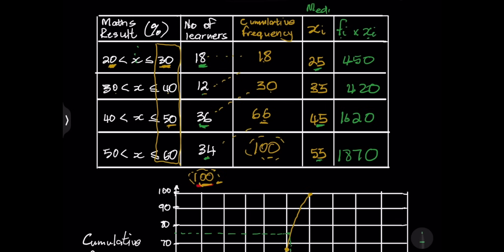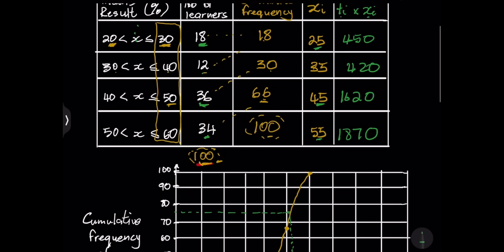I'm going to take the sum, not the product. So that's 450 plus 420 plus 1,620 plus 1,870. I hope I've got those correctly.